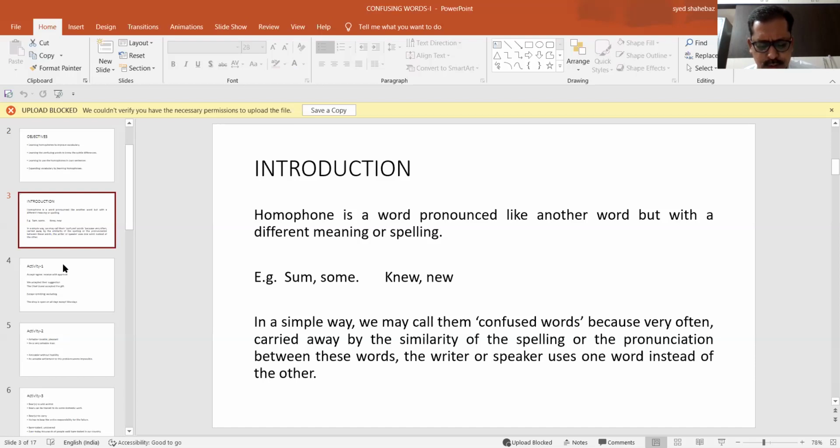It should be rice is not available in the market. In English, there are a good number of such pairs or groups of words which are confused with one another. A few of such confused pairs and groups of words are given in this presentation. This is the introduction part.